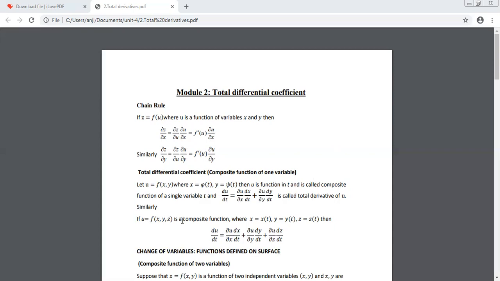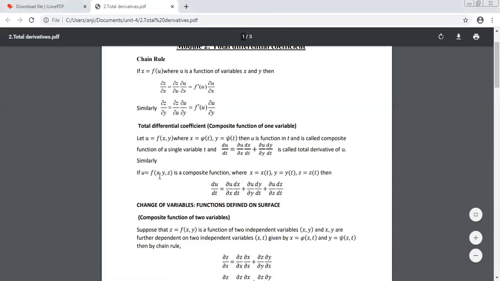If u is equal to f of x comma y comma z is a composite function where x is equal to x of t, y is equal to y of t, z is equal to z of t, then du/dt is equal to ∂u/∂x into dx/dt plus ∂u/∂y into dy/dt plus ∂u/∂z into dz/dt. u is in terms of x, y and z.